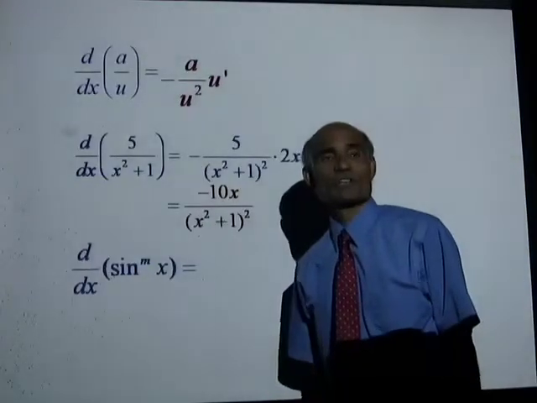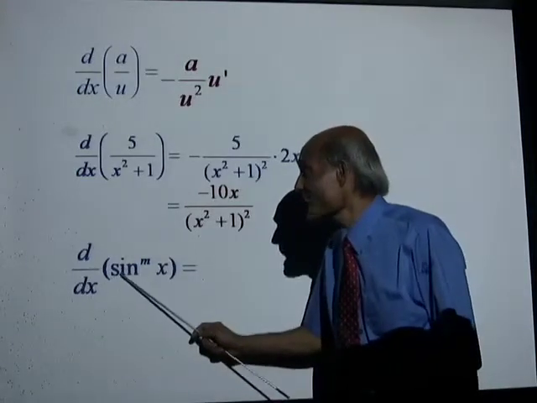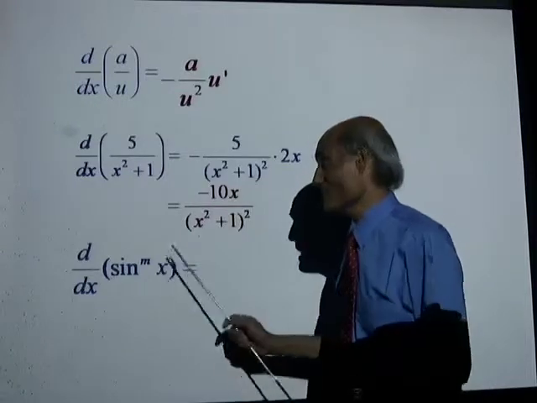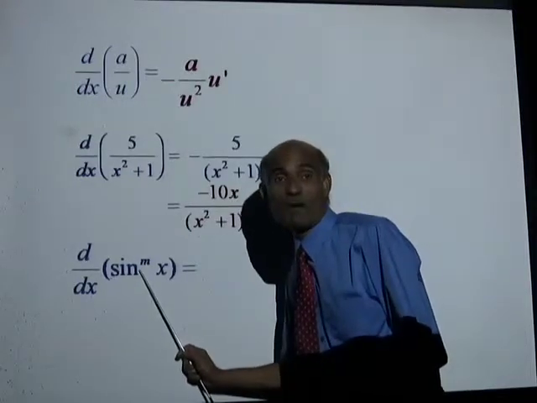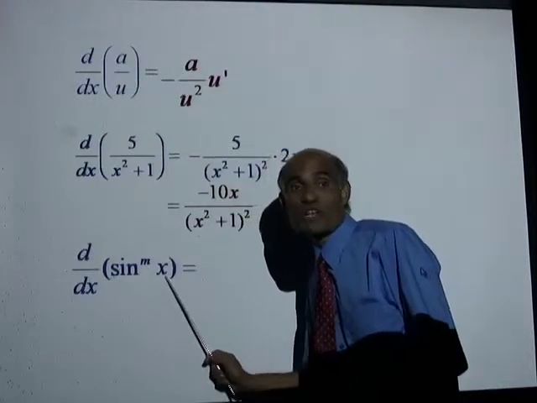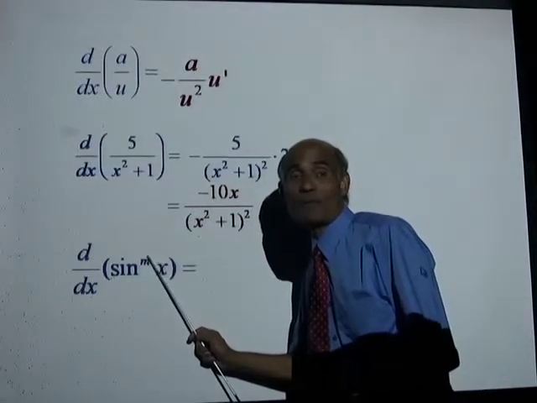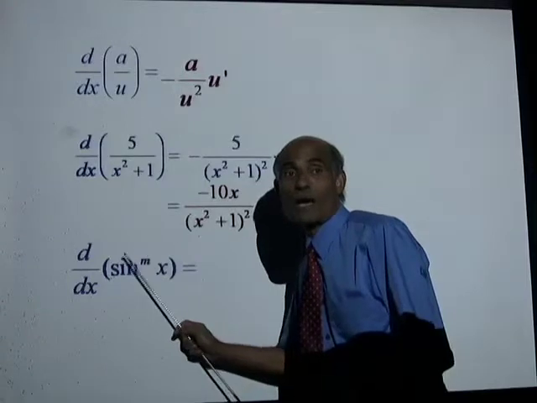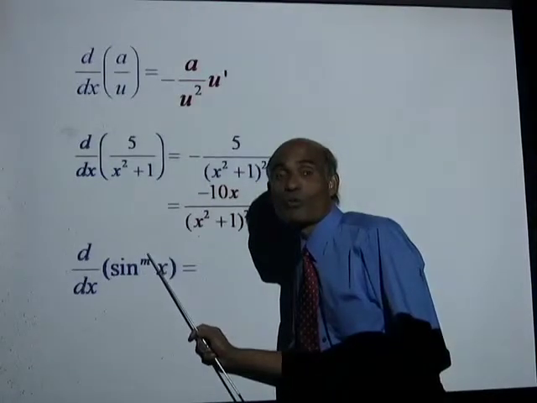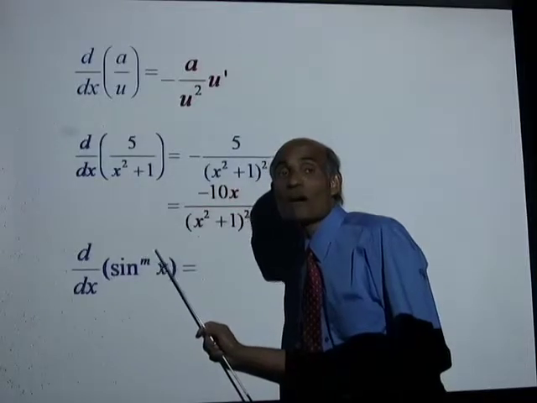How about this? d by dx of sine to the power of m x. Well, this is a simple power rule. The quantity here is sine x. The power is m. So use the power rule. m sine to the power of, what will be the power now? m minus 1.